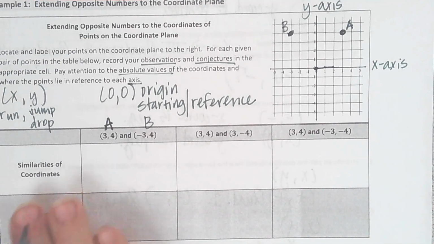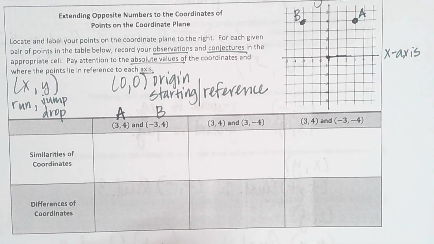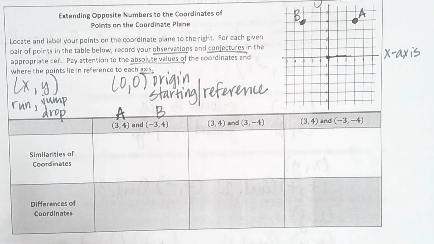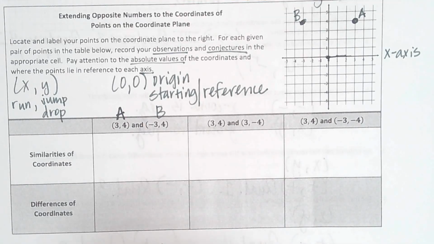We want to talk about what's similar. So, like, what's the same and what's different. Okay, and just like what we mentioned a while ago. So if I just look at the points and not even at the graph, I can see what's the same and what's different. What's the same? 4. The 4s. Okay, what location is that in? X or Y?